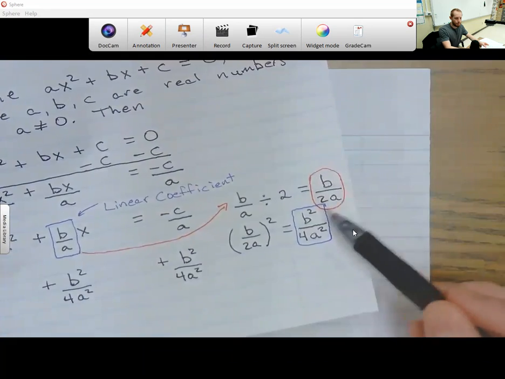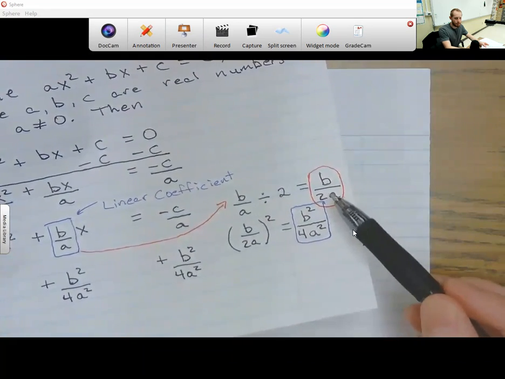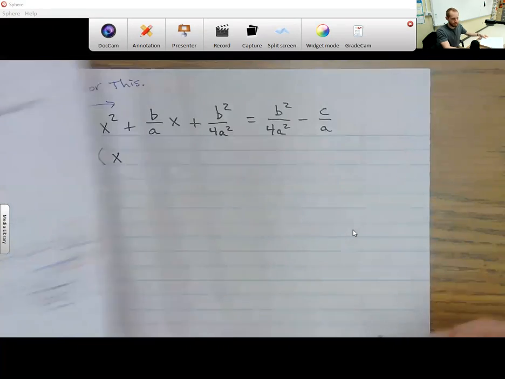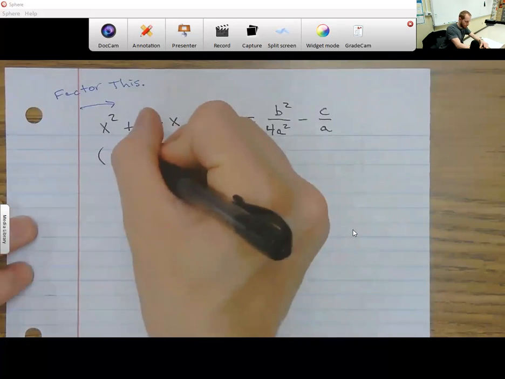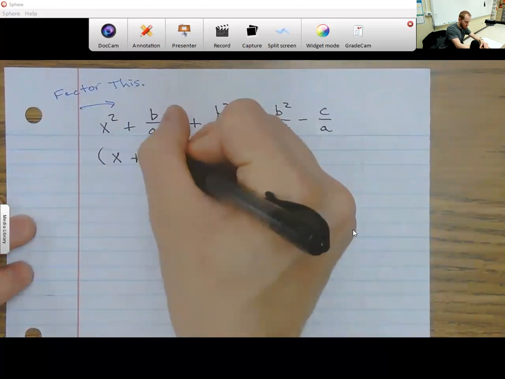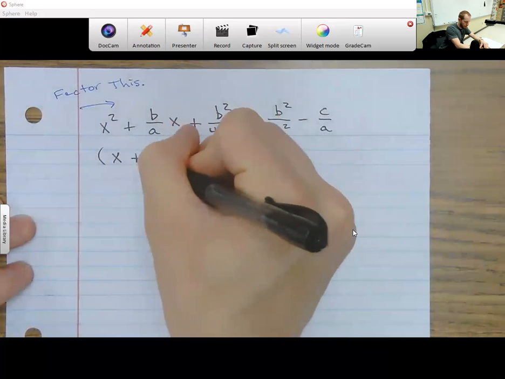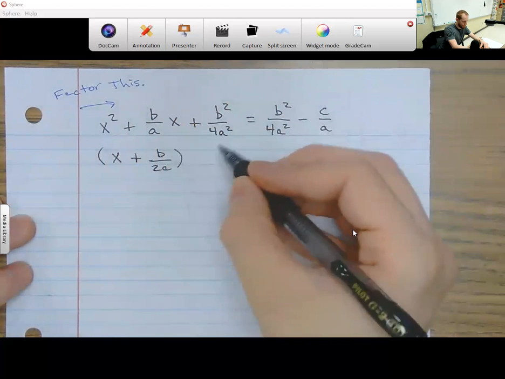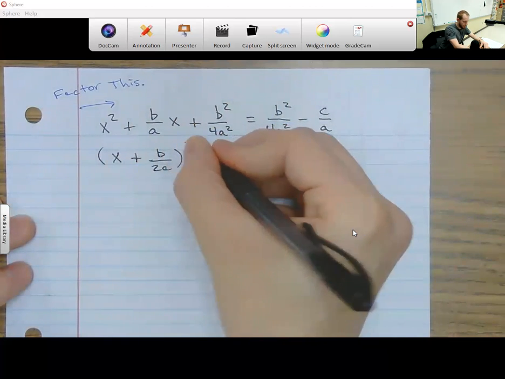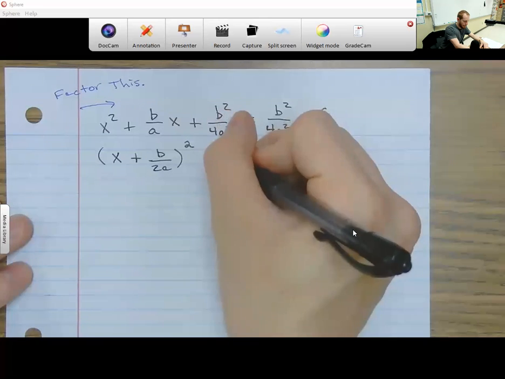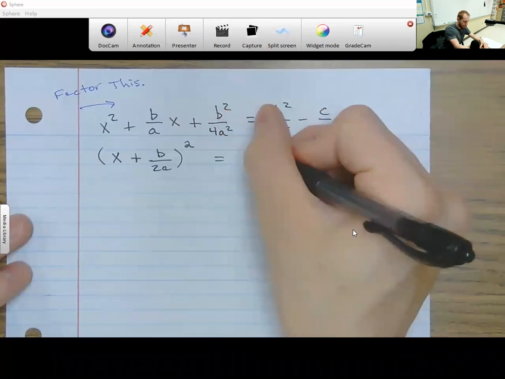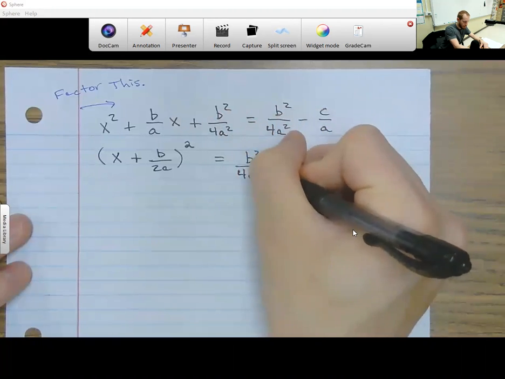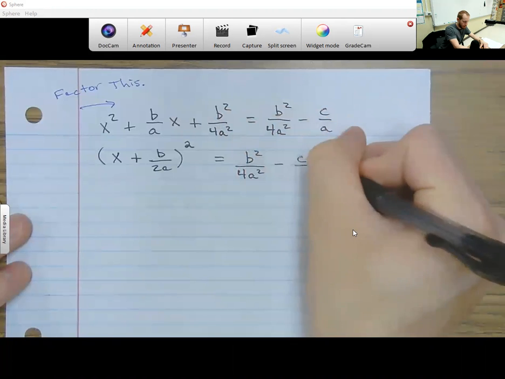That number that we got from dividing by 2, that's the number that I'm going to put inside the parentheses. So I'm going to have plus b over 2a, and I'm going to close up the parentheses and square it. And then on the other side, I'm still going to have b squared over 4a squared minus c over a.